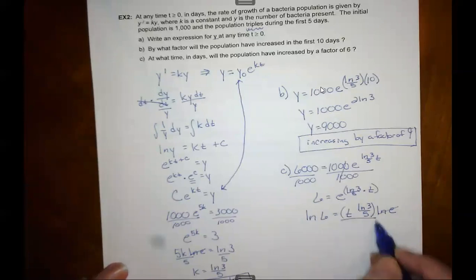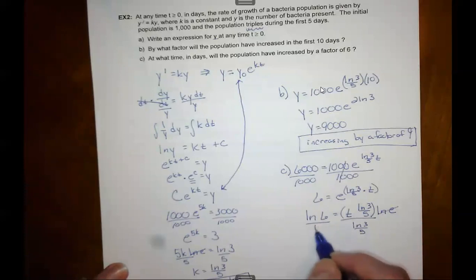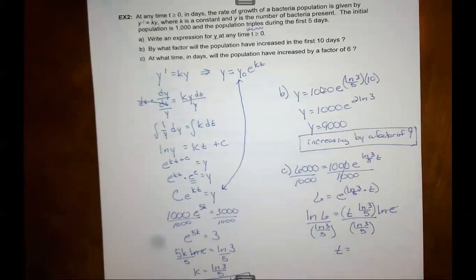So we're just going to divide both sides by ln of 3 over 5. So t will equal this: ln of 6 divided by ln of 3 over 5.